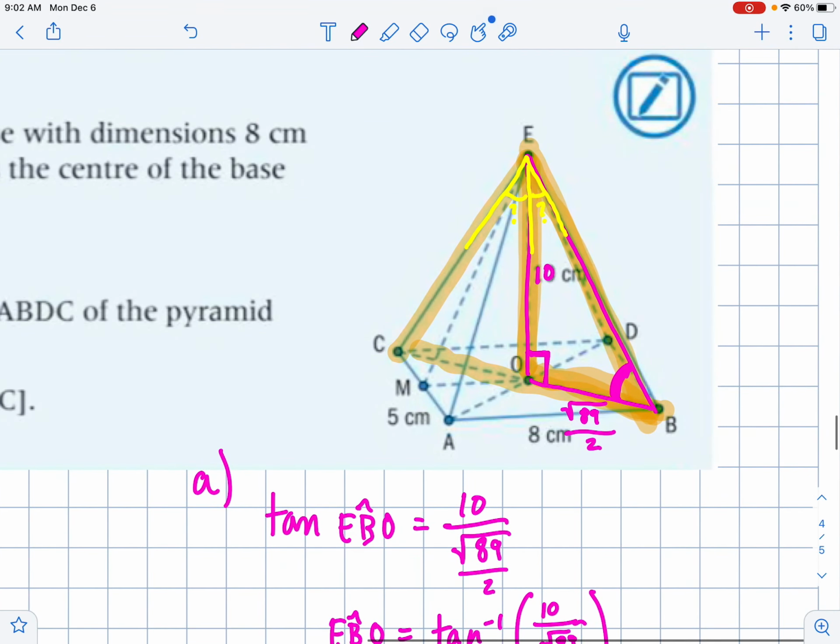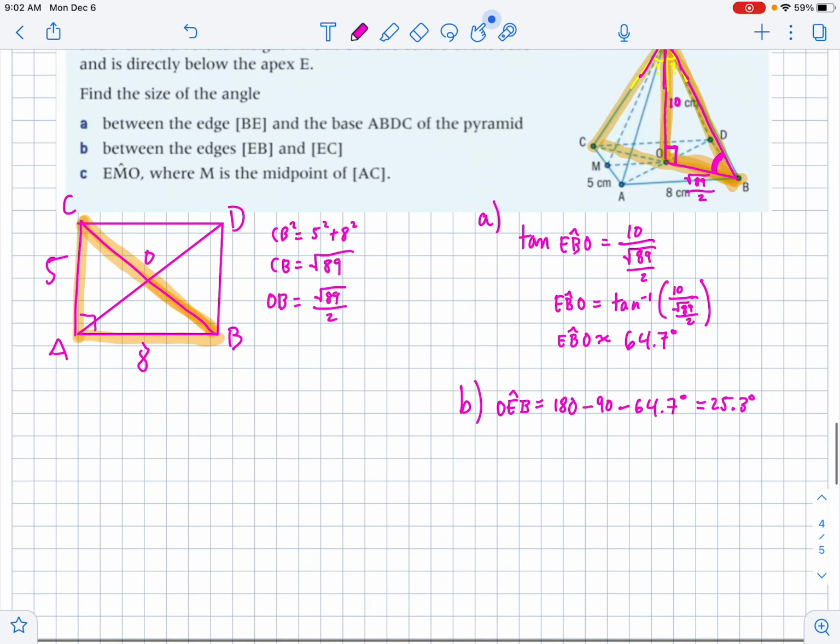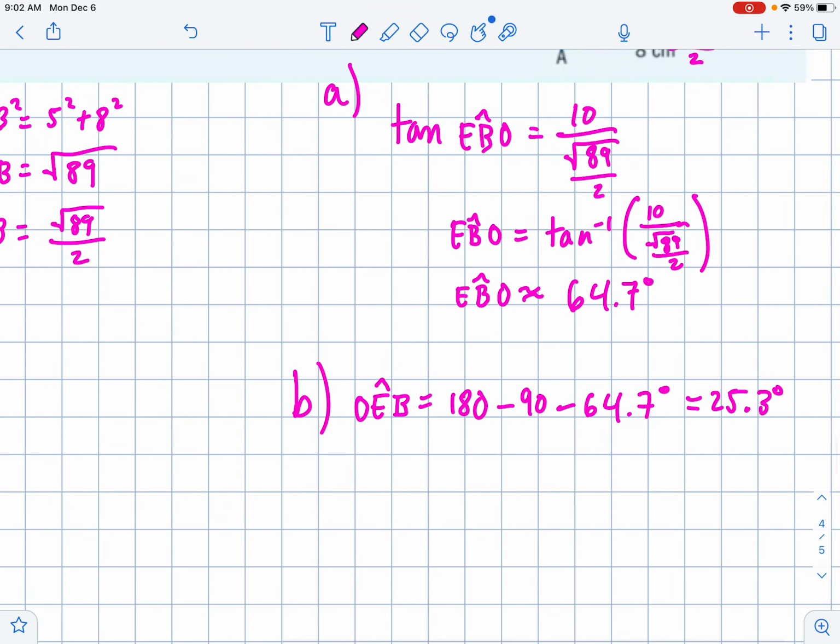But that's only half of the angle. We just found this guy right up here, and we want the full thing. So we need to double that. So 2 times 25.3 is 50.6. That's part B.